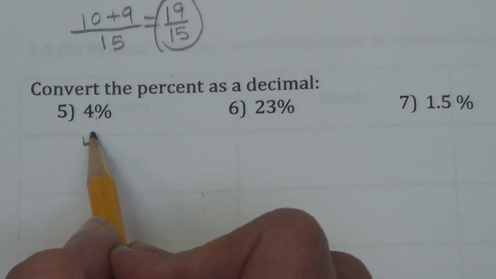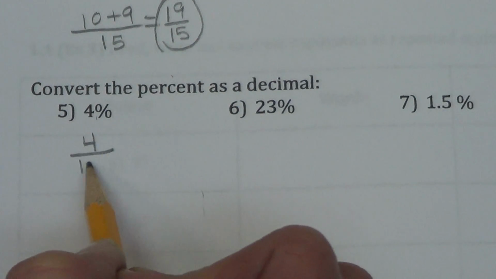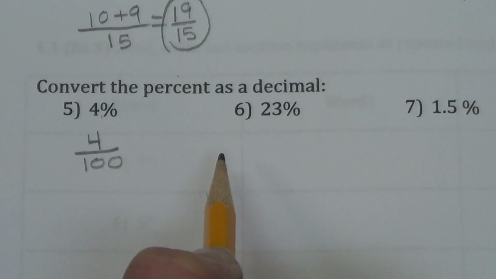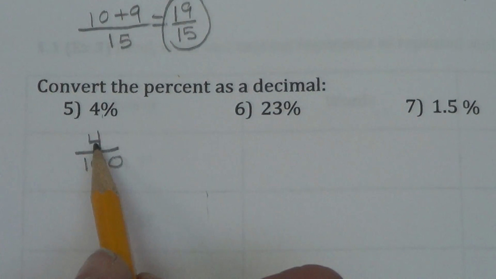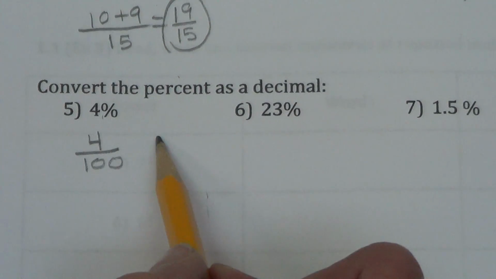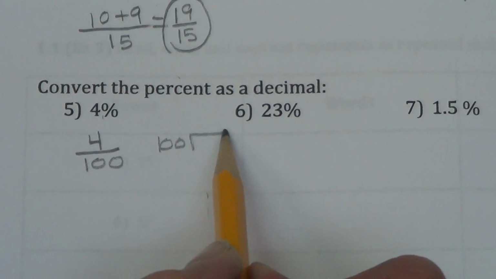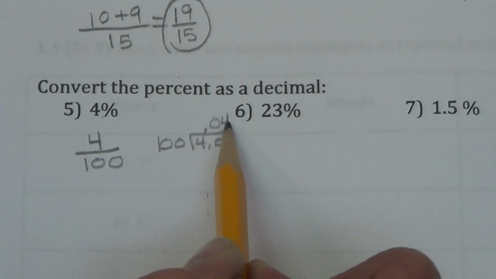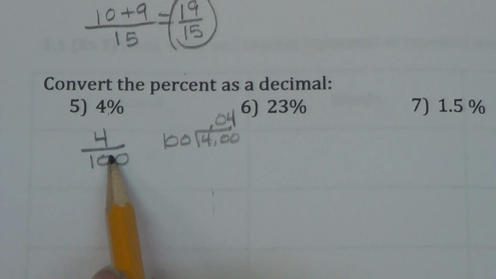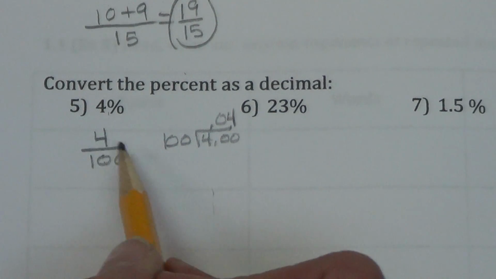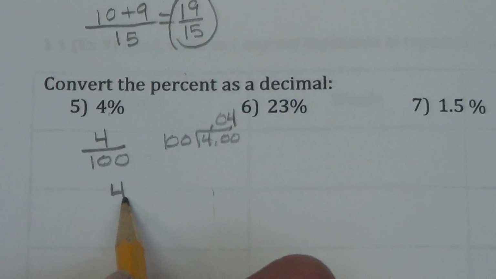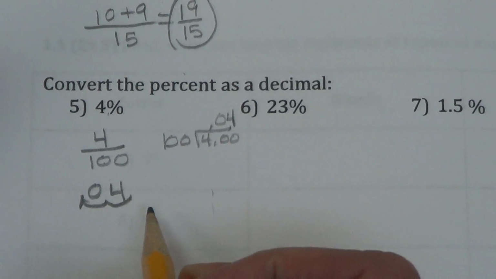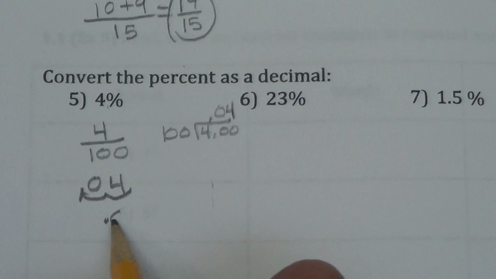It's important if we have a statistic and it's 4% that you know that means 4 out of 100 do this. At that point you can divide, you can actually write it in the box and divide it and get the 0.04. Or you can understand that dividing by 100 means simply moving that decimal over 2 places to the left, so it's 0.04.